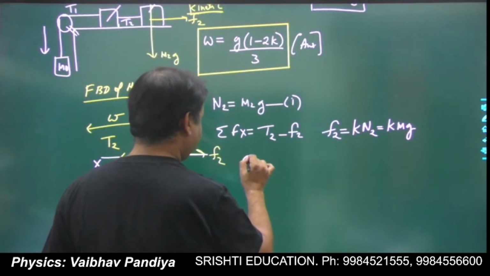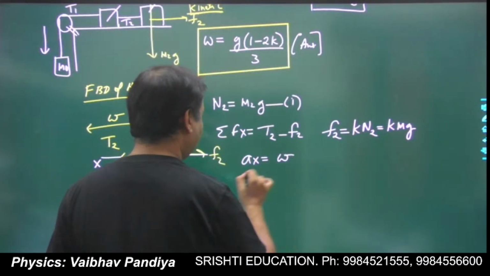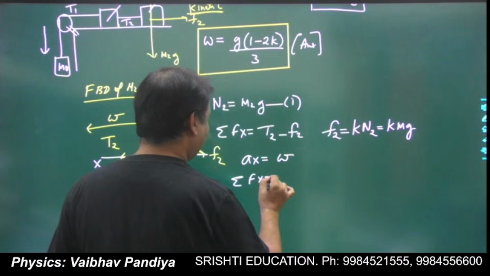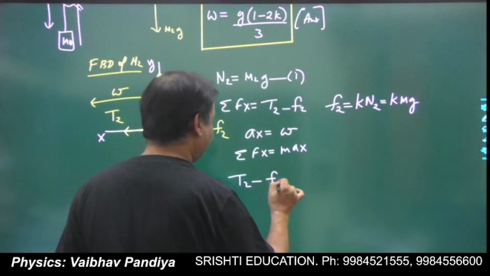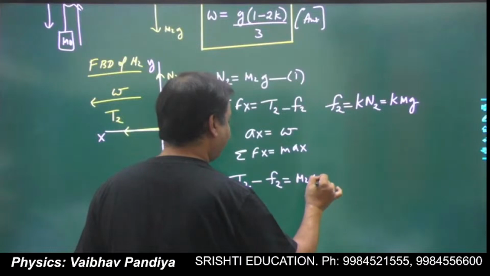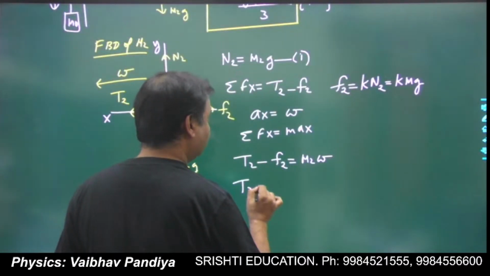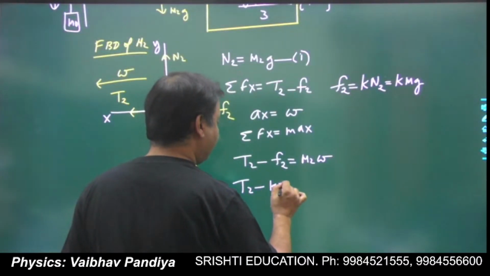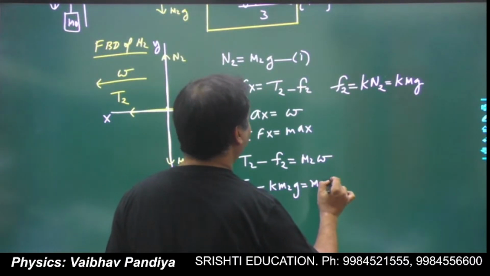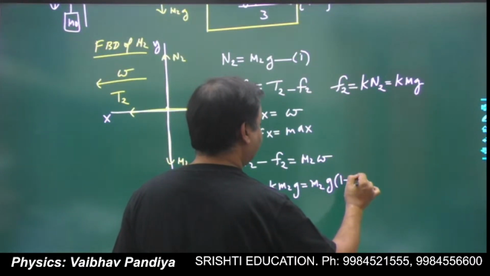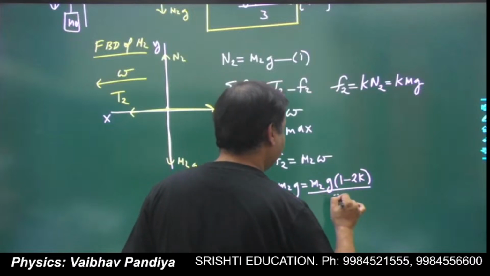The acceleration along the x-axis is w. So apply Newton's second law on the x-axis. So you will get T2 minus F2 is equal to M2 times w. So you'll get T2 minus kM2g is M2 times w, and w is what? g(1 - 2k)/3, correct?